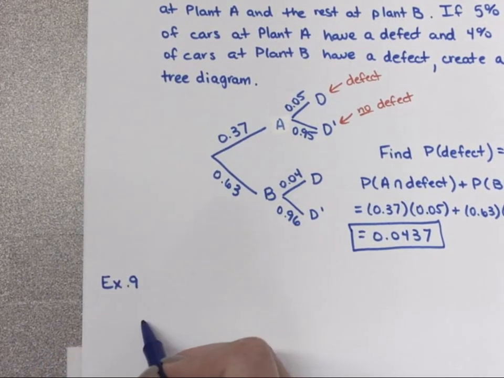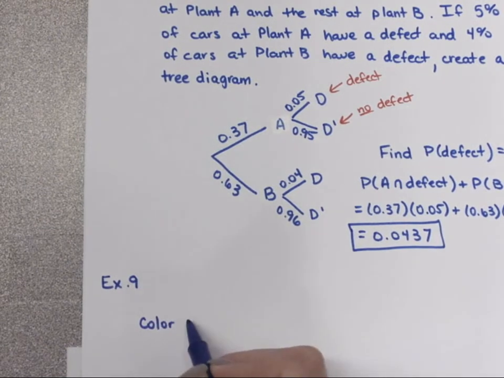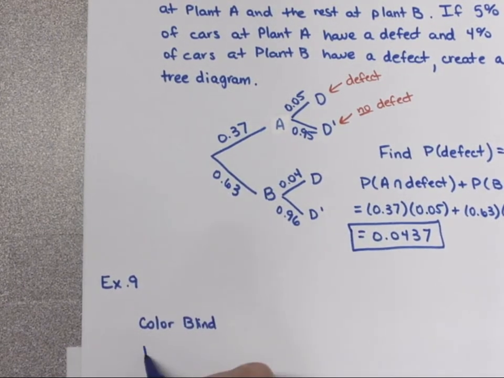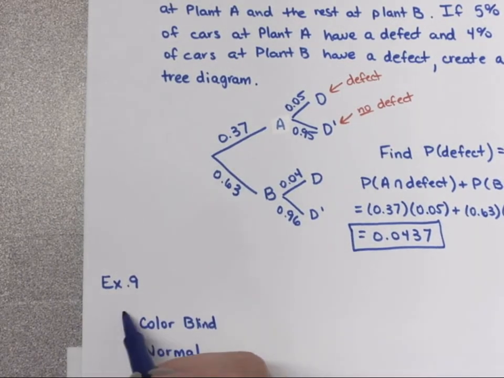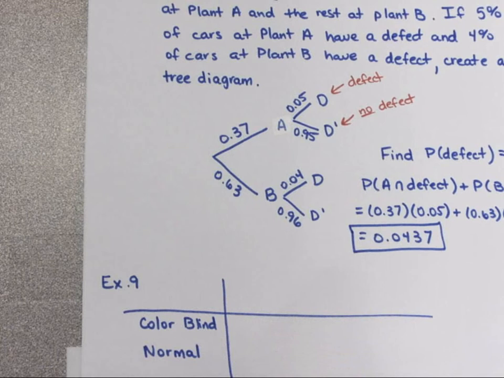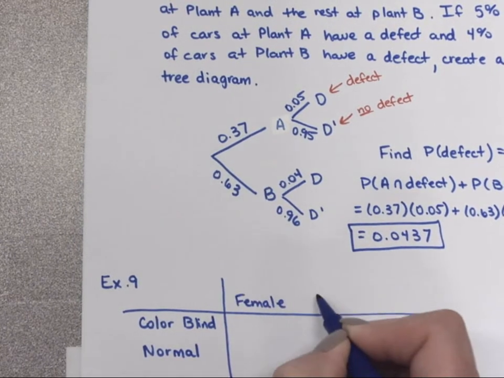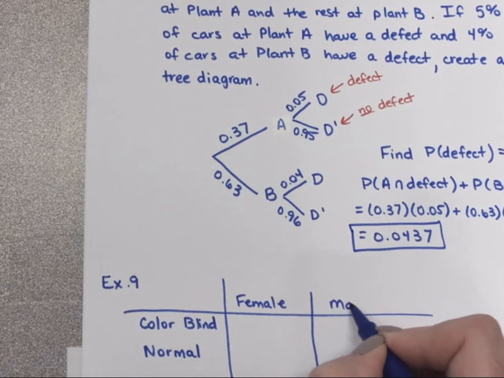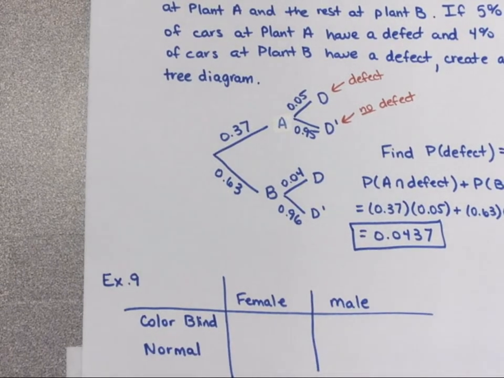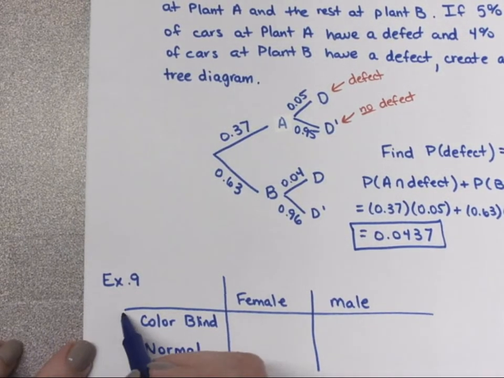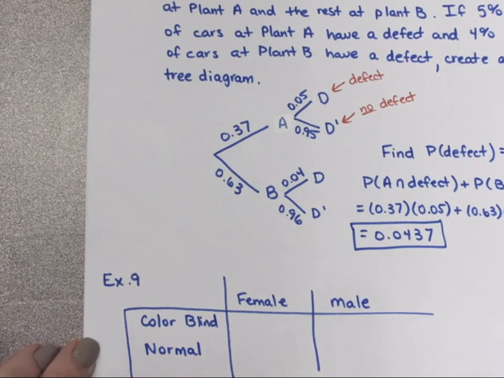But the last thing that I want to do is show you that you also can organize your data in table format. So we're going to look at the number of people that are colorblind versus not. And we're going to split them up into 2 categories, male and female.